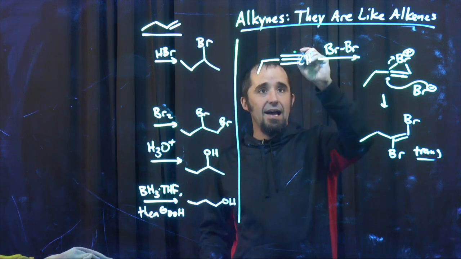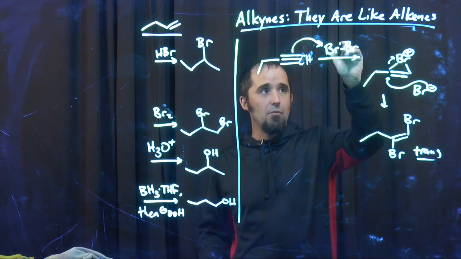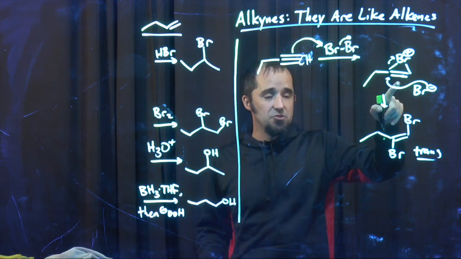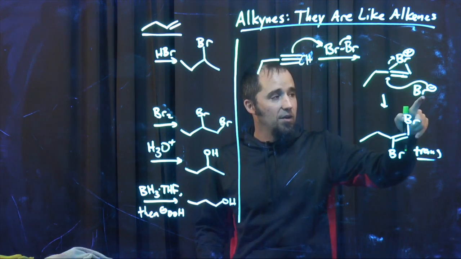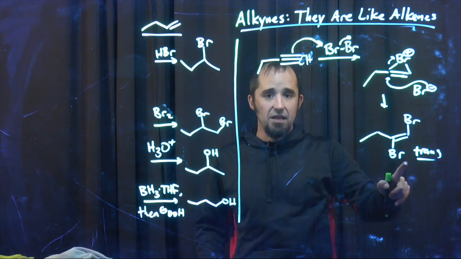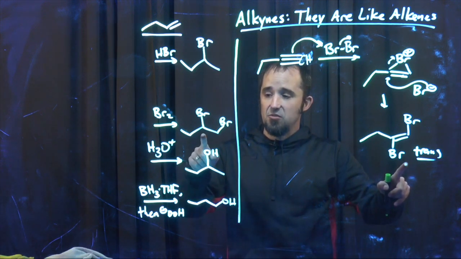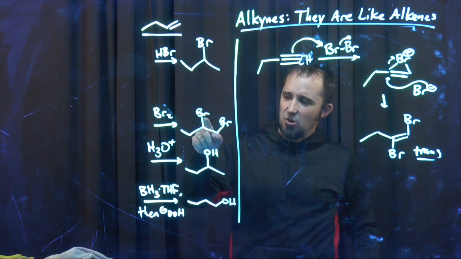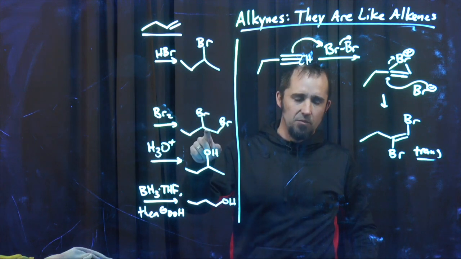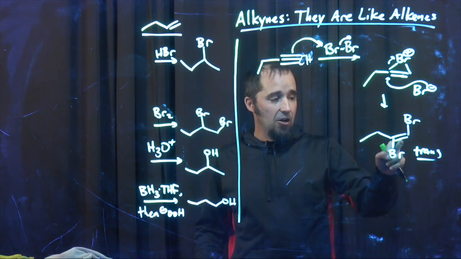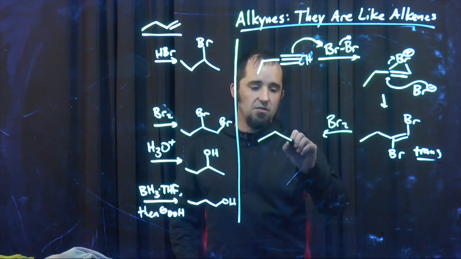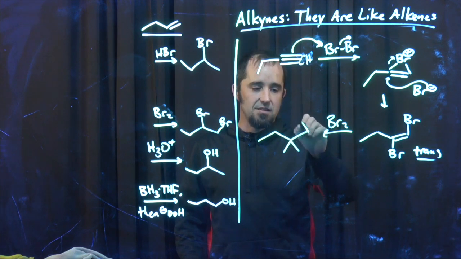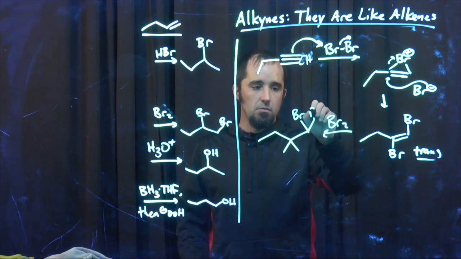In the same way, alkynes will react with dibromine much like alkenes do. Here I have my pi bond going out, grabbing a bromine, making some strained cationic three-membered ring that's then opened up by the nucleophile to give me a trans dibromide. There's no cis and trans here because there's no double bond. This now, since it still has a pi bond, can react with another molecule of Br2 to give me a tetra-substituted compound.